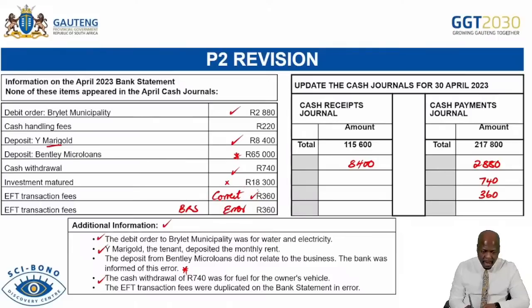As you can see here, that investment matured, it is money that we have received. So it will now come to my CRJ. So I would have ticked that one now. I'll bring it here, 18,300.